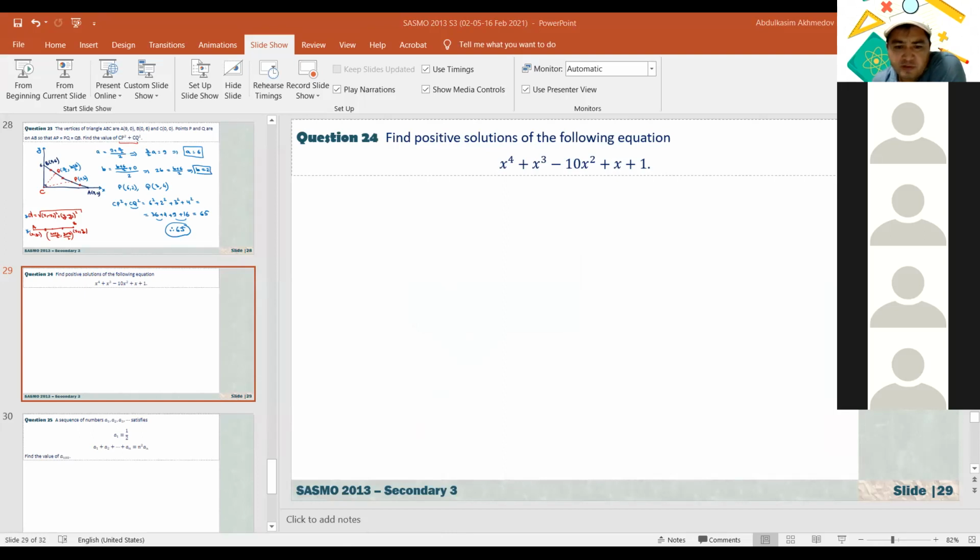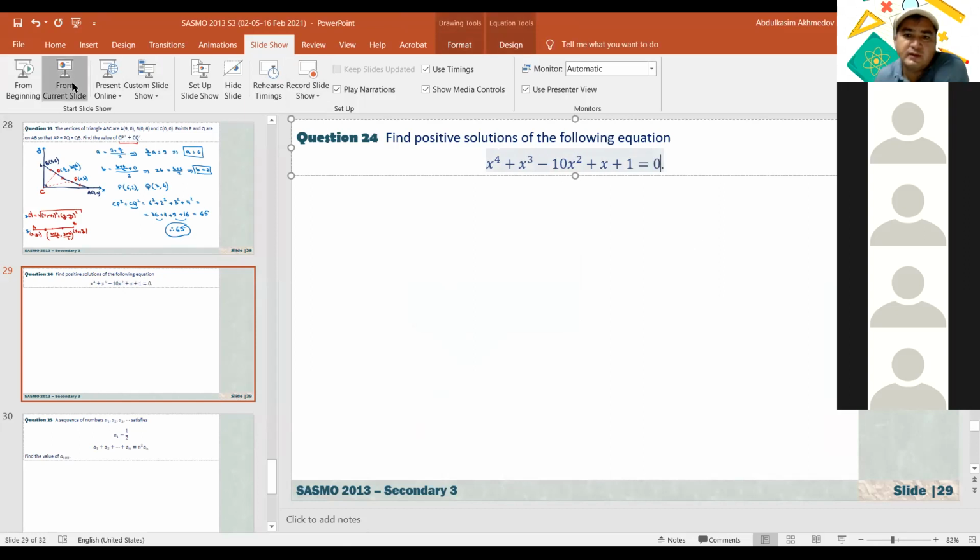Find the positive solutions of x to the power of 4 plus x cubed minus 10x squared plus x plus 1 equals 0. Okay, here 0 is missing.